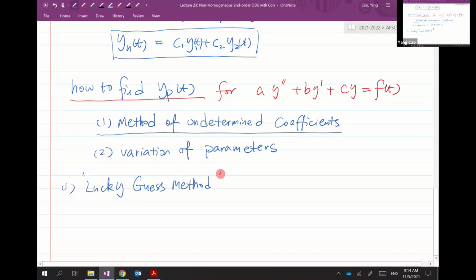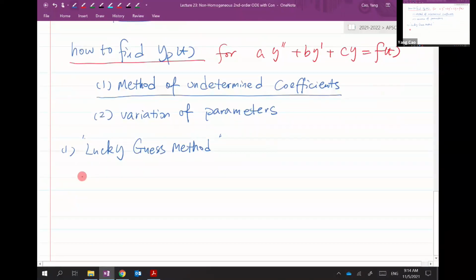It's actually not too lucky; you have to follow certain rules, but it's sort of along the direction of guessing. So what is the key idea of this so-called lucky guess approach?